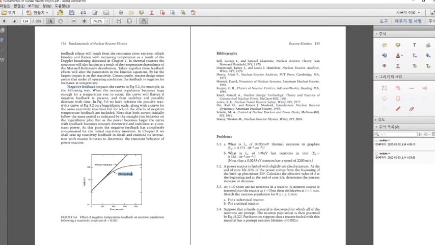But if we consider such negative feedback effect, then as power or neutron population increases, there is some mechanism to gradually reduce that reactor power or neutron population, so that power or neutron population can be limited to under some value. So such negative feedback is very important in maintaining the safety of a nuclear reactor.